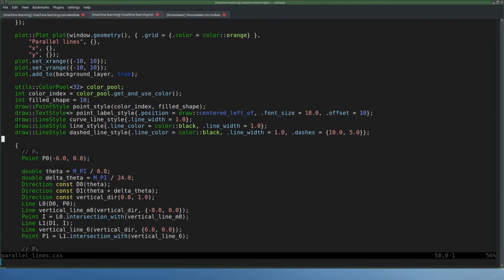So I wanted to make that drawing, so I have to put in the direction vectors. I can draw a direction vector, let's say, from point P0.